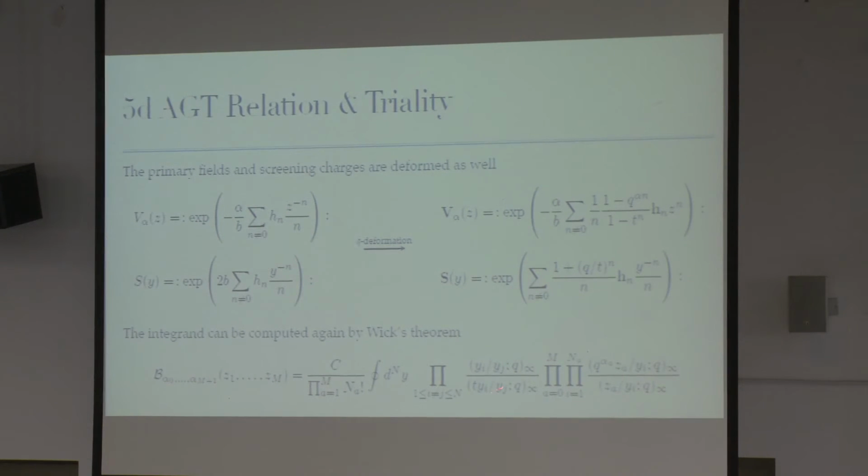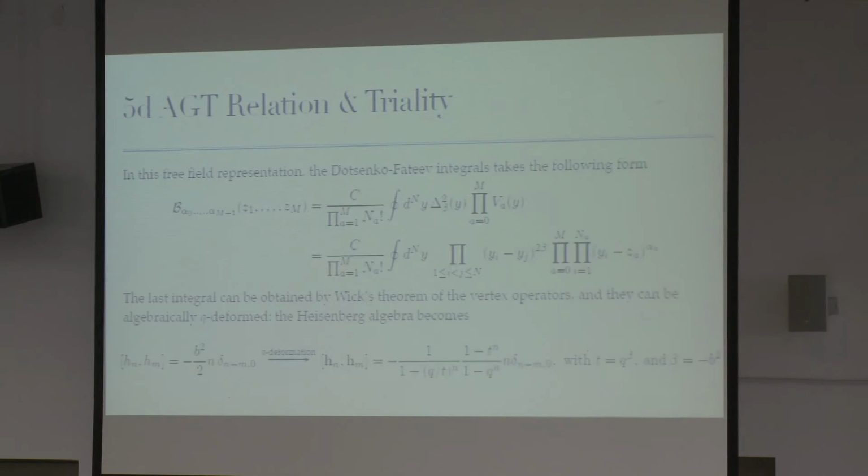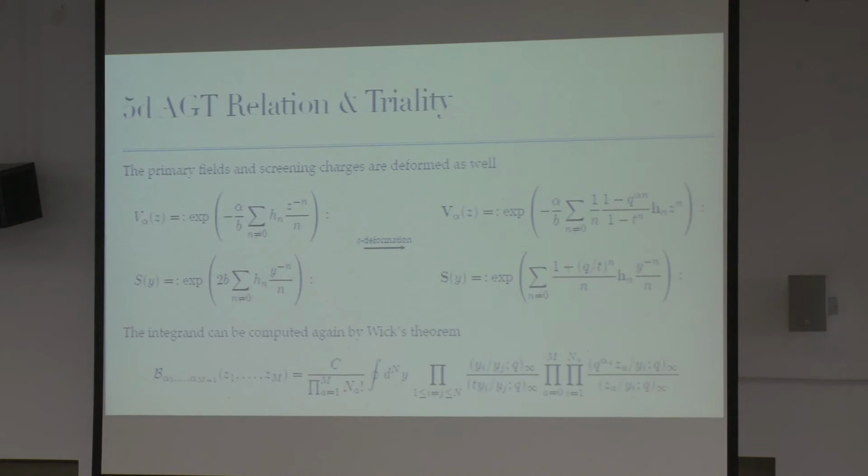And these integrals can be computed by residue theorems, and you can show that with this choice of contours, the poles can be labeled by Young diagrams, and you can convert the integral into a sum over Young diagrams. And that matches the famous Young diagram computation of instantons if you go to the limit where the Coulomb branch parameters are related to the hypermultiplet masses, as I showed before.